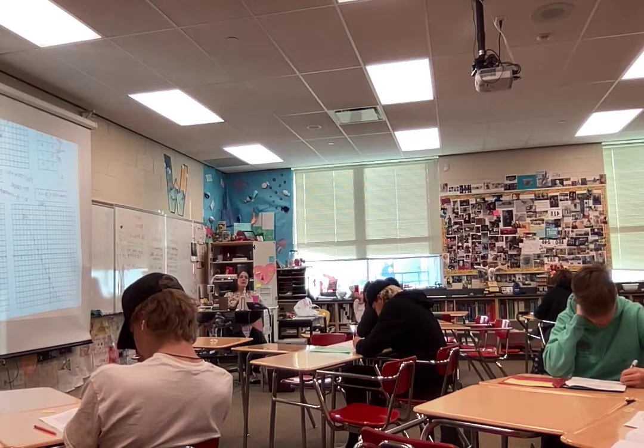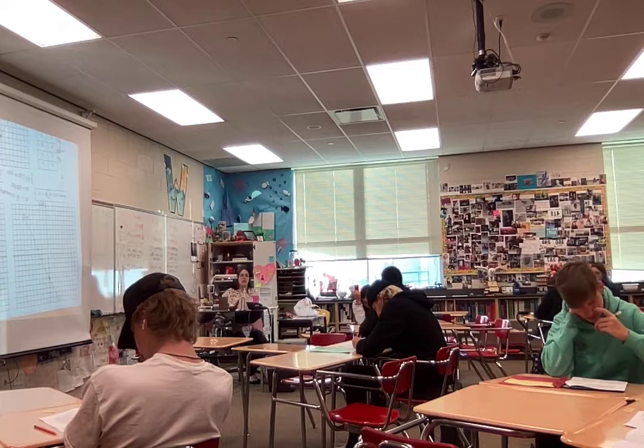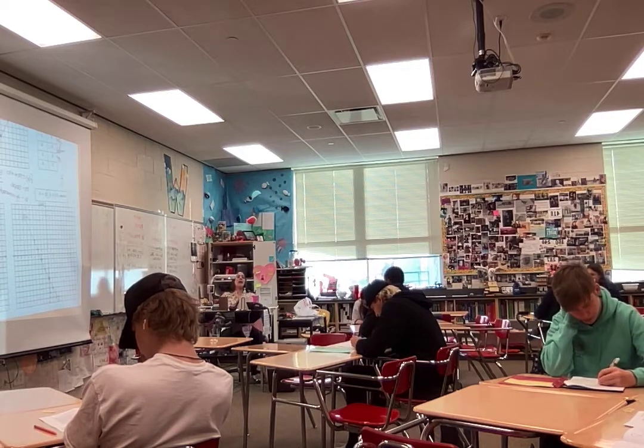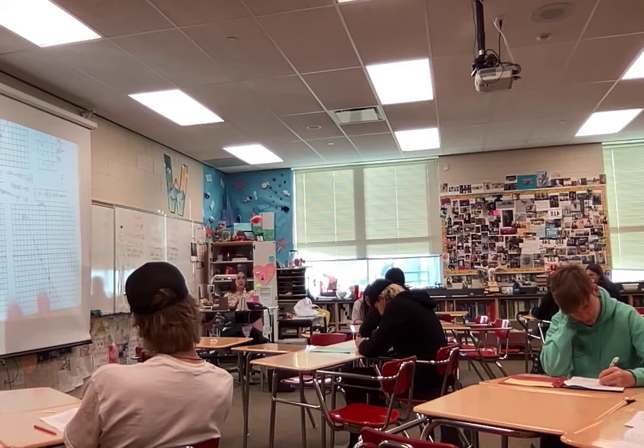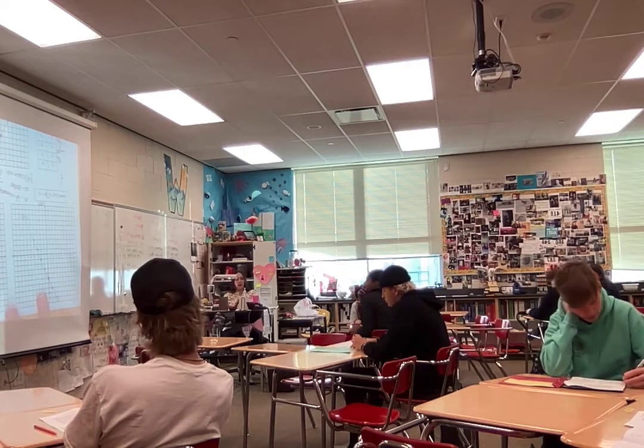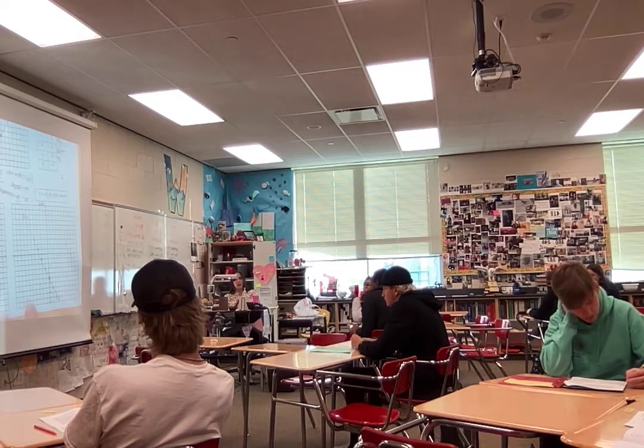Why? The negative can technically go with either, but to make it easier, just always put it on the top. If I were to put it on the bottom, for example, and I started here, that means I would go up 3, but to the left 4. 1, 2, 3, 4.